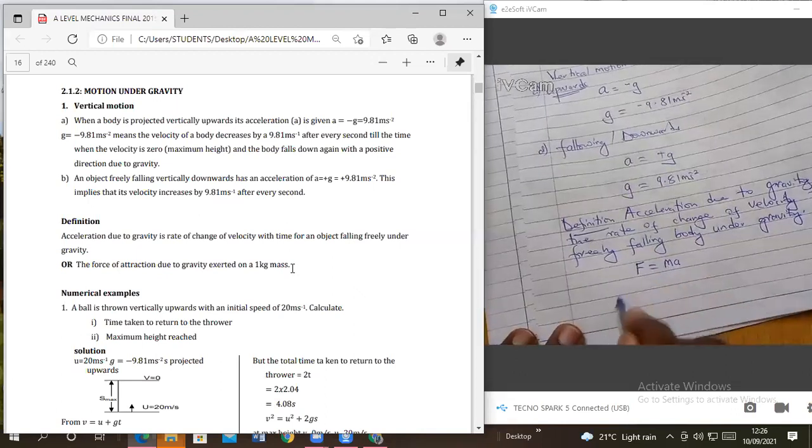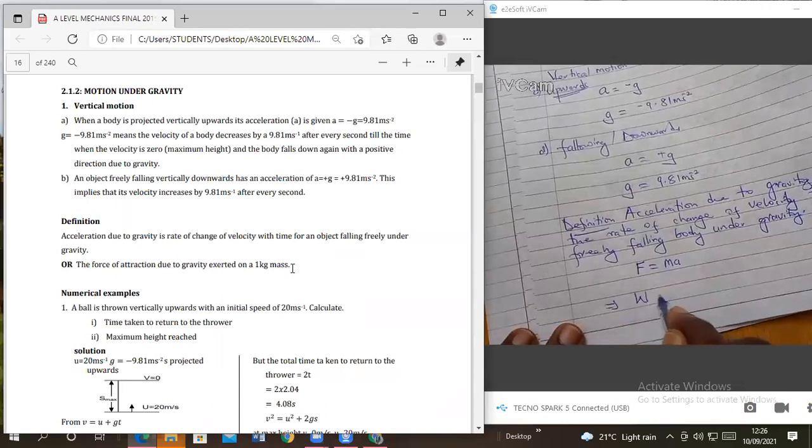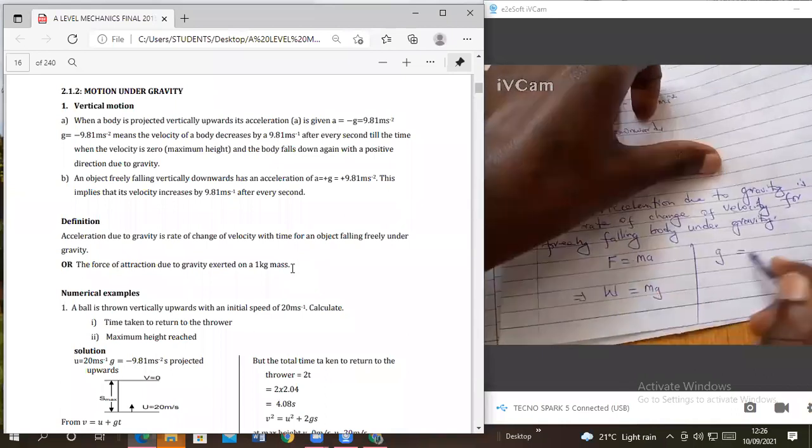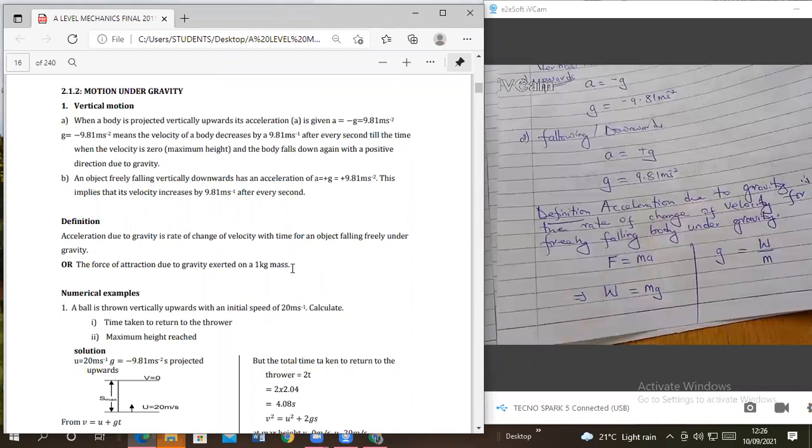So the formula changes to weight equals mass times g, W = mg. If I make g the subject, it becomes g = W over m. That's why they say it is the force of attraction due to gravity exerted on a 1 kilogram mass.